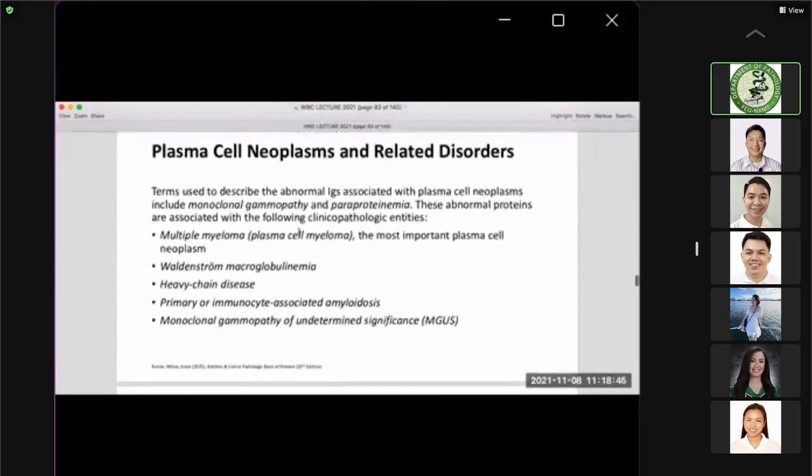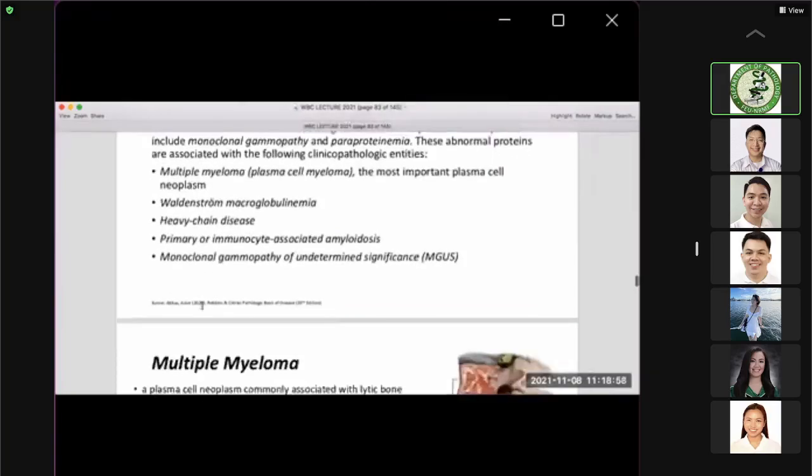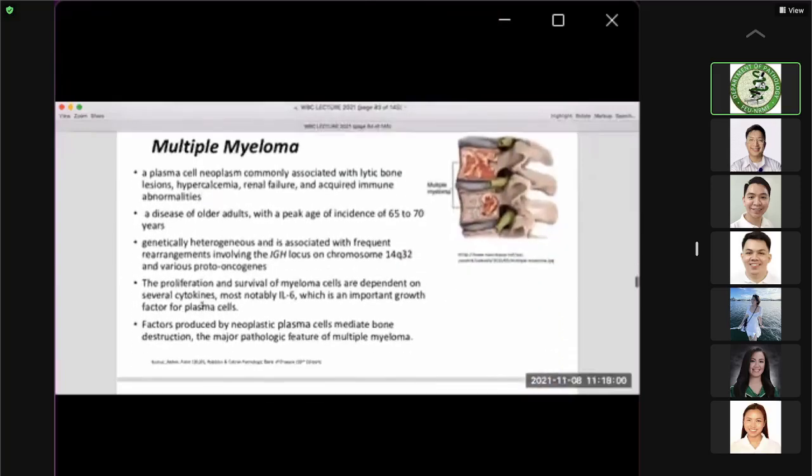So meron tayong mga related disorders associated, no, with plasma cells: multiple myeloma, Waldenström macroglobulinemia, and the rest as listed here. Multiple myeloma, okay, you're familiar with this, commonly associated with lytic bone lesions, and eventually hypercalcemia, renal failure, and acquired immune abnormalities.